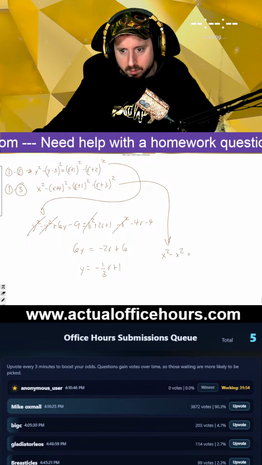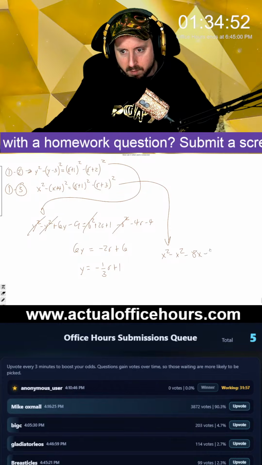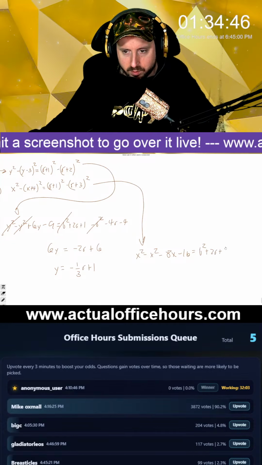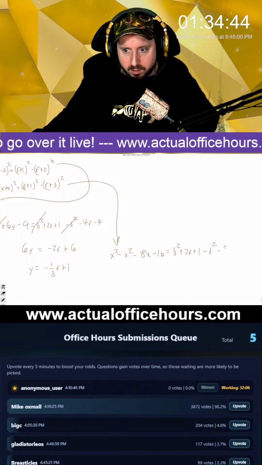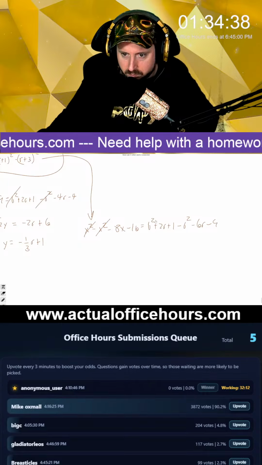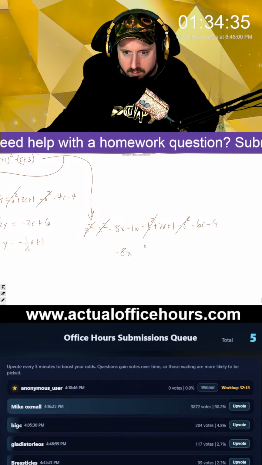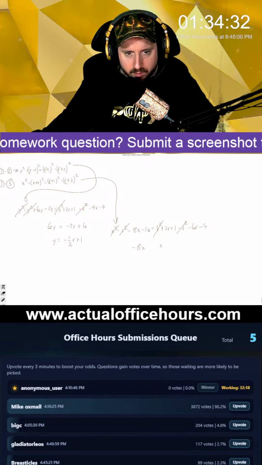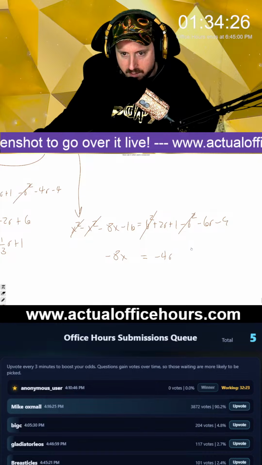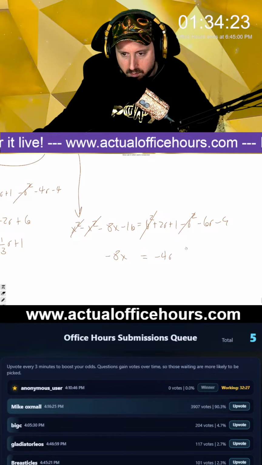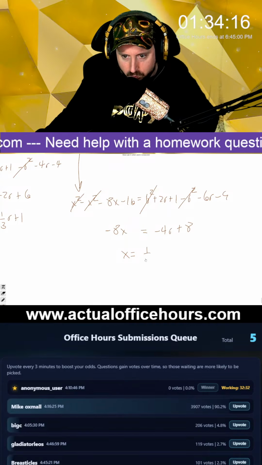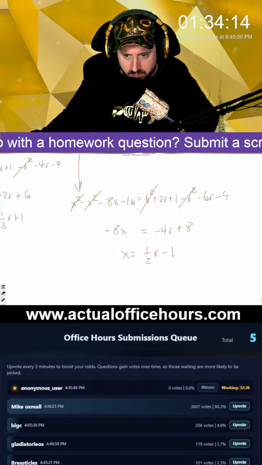X squared minus 8x minus 16 is equal to r squared plus 2r plus 1 minus r squared minus 6r minus 9. Cancel. Negative 8x. Wait, is the minus okay there? Yeah, the minus is okay that time. Equal to negative 4r plus 1 minus 9 is negative 8. Negative 8 plus 16 is plus 8. So then I get x is equal to 1/2 r minus 1.